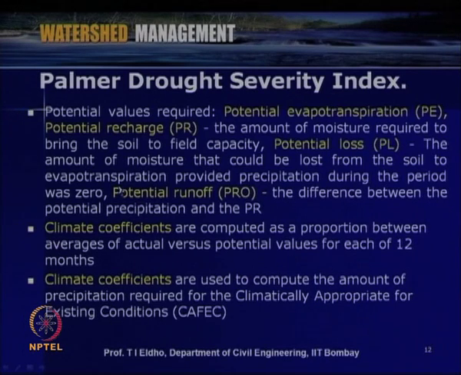Based upon the rainfall conditions, soil conditions and various other parameters, we can calculate the climate coefficients, and then effectively use that amount of precipitation as climatically appropriate for existing conditions. Accordingly we can derive the Palmer severity index.